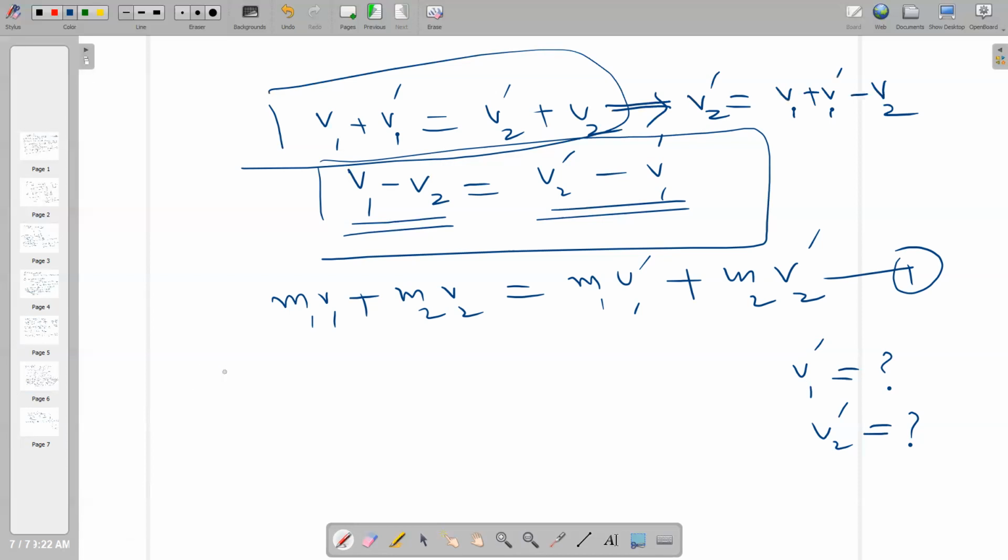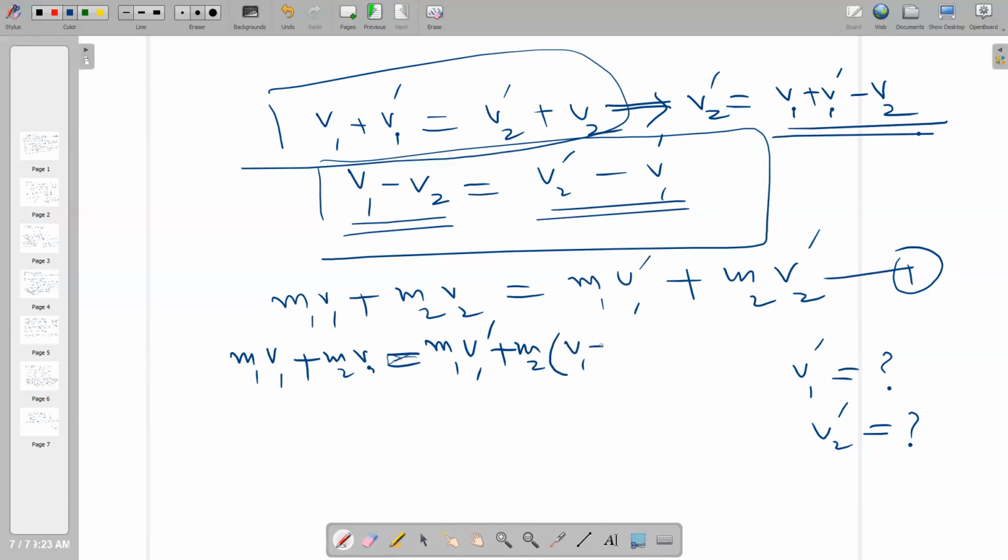This is a little longer, but you should remember the direct formula. m1 v1 plus m2 v2 is equal to m1 v1 dash plus m2 into v2 dash. So v2 dash is v1 plus v1 dash minus v2. Now you can rearrange this equation.